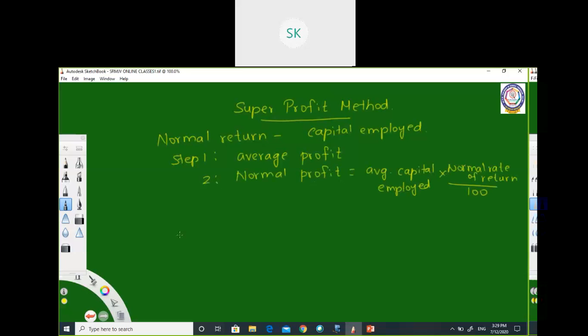Next, in step 3, we find the difference between these two, that is our super profit. So super profit is equal to average profit minus normal profit.